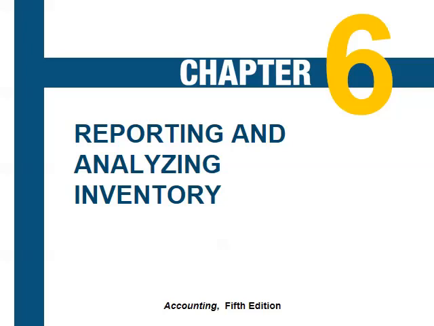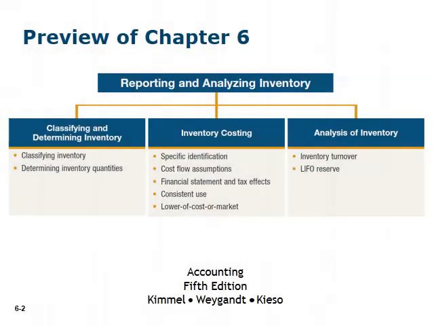In Chapter 6, we're going to talk about reporting and analyzing inventory. In Chapter 5, we talked a little bit about inventory in terms of merchandising concerns, but our focus there was on determining cost of goods sold. In this chapter, we're going to move on and talk more in depth about inventory itself, that is, the asset inventory.